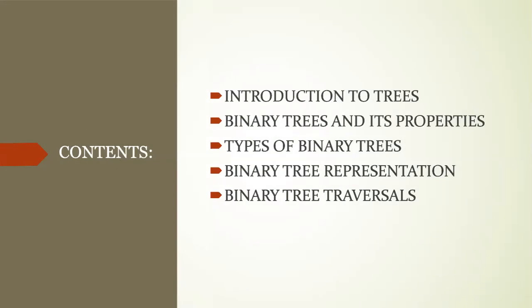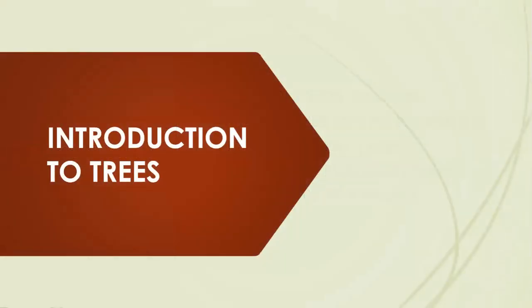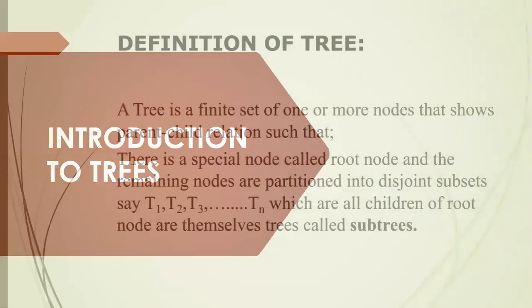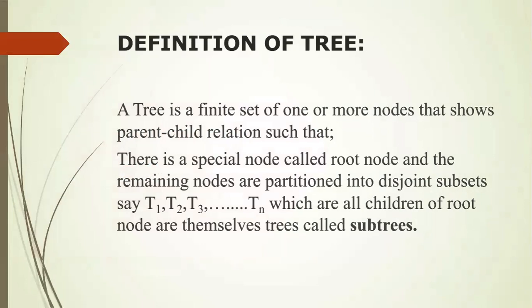So let's get into what trees are. How do we introduce trees and their properties? So what is a tree? Let's define it. A tree is a finite set of one or more nodes that shows parent-child relation, such that there's a special node called the root node.